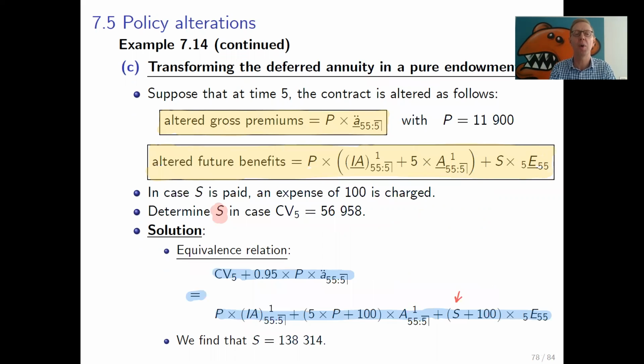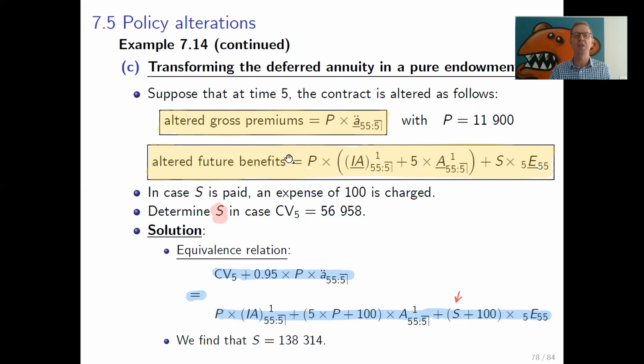Let us now have a look at another way of transforming the contract at time 5. We transform now the deferred annuity in a pure endowment. So suppose that we have arrived at time 5 and we still want to continue the same premiums. So we pay the remaining 5 premiums according to this temporary annuity, and the premium level remains the same, 11,900.